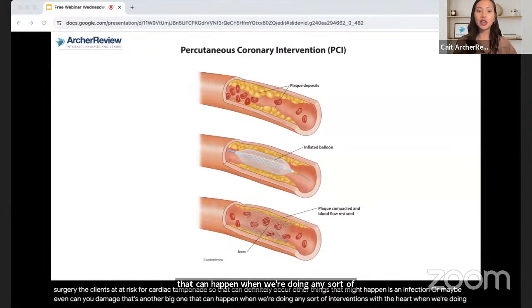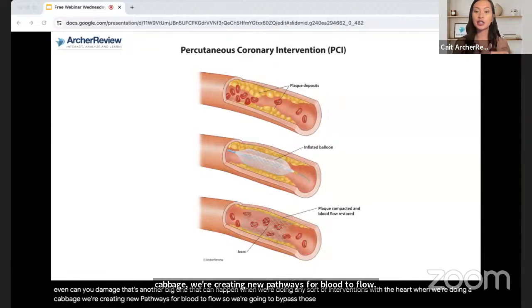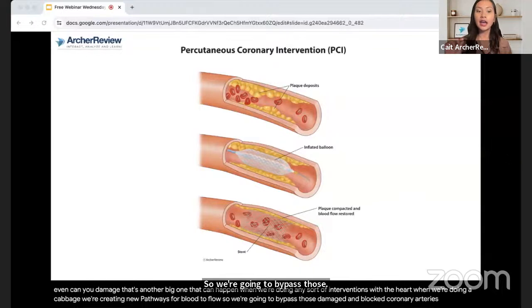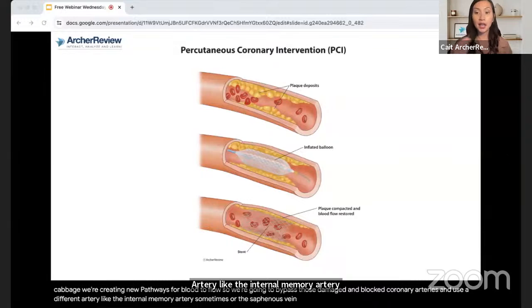When we're doing a CABG, we're creating new pathways for blood to flow. So we're going to bypass those damaged and blocked coronary arteries and use a different artery like the internal mammary artery sometimes, or the saphenous vein sometimes, to bypass those damaged vessels.